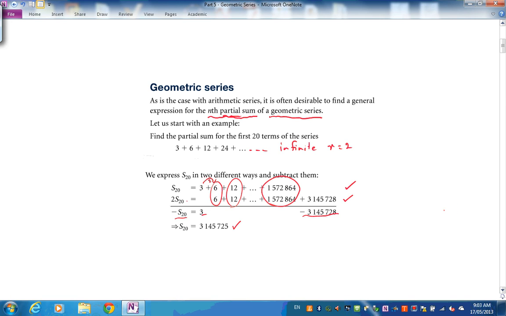They've left a bit of a step out here. You'd actually want to say neg 3,145,728 plus 3, because that's a positive 3. So that comes to neg 3,145,725, and that's what neg S20 is. Therefore S20 is 3,145,725.